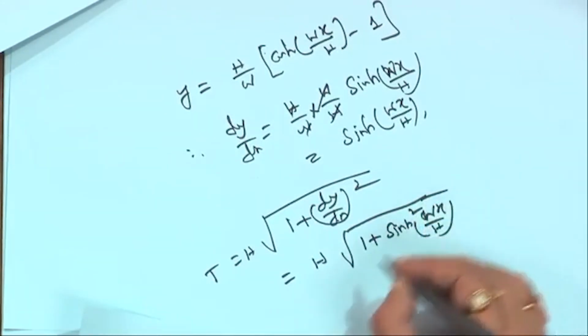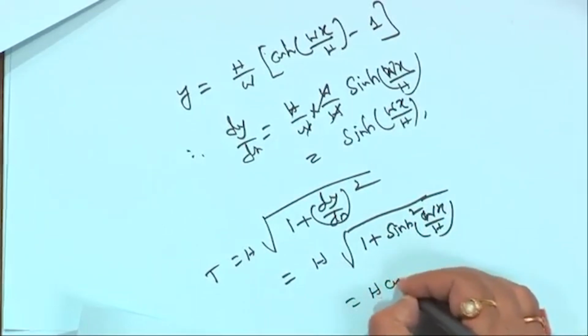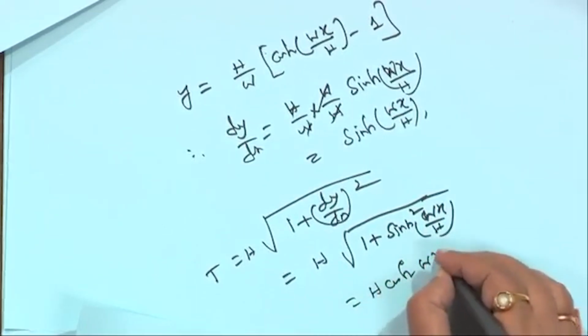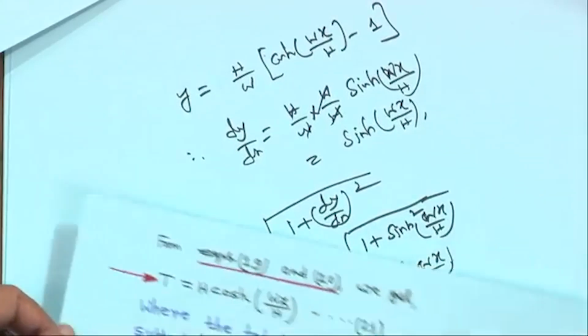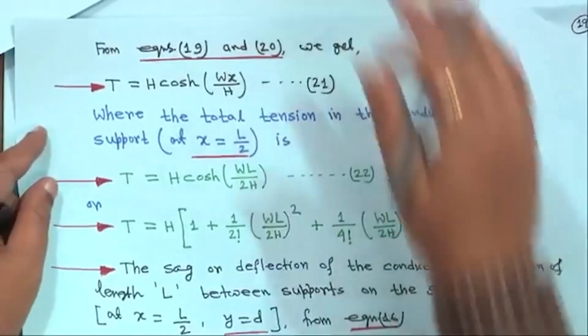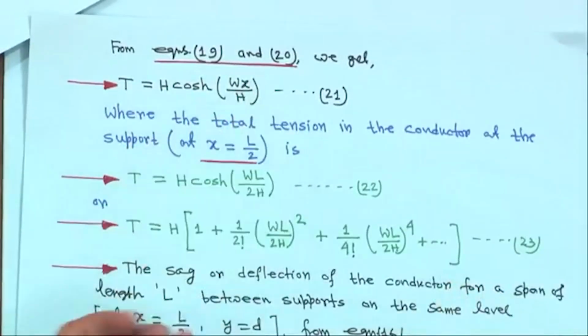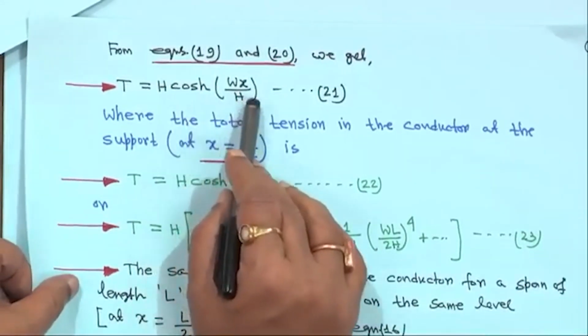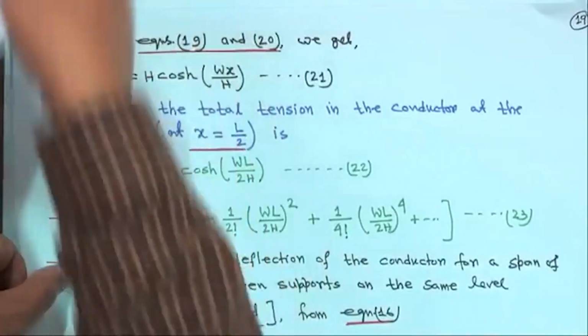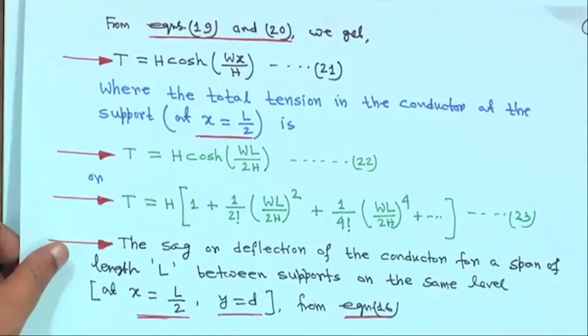So, it is cos hyperbolic. So, it is equal to h cos hyperbolic w x by h, right. So, this is the thing, that is why, from equation 19 and 20, sorry, I am writing t is equal to h cos hyperbolic w x by h. This is equation 21.